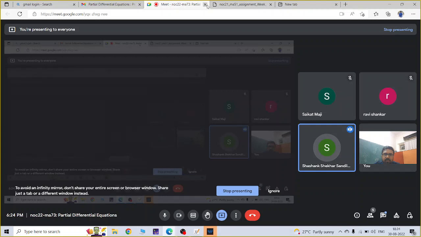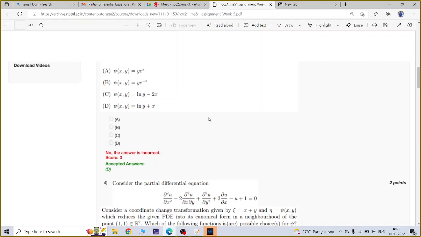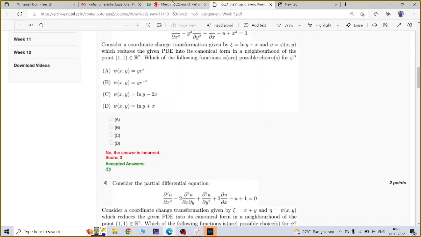Sir, both are orthogonal. No, not orthogonal. Okay, I will tell. No problem. Actually, you have to take xi and eta in such a way that xi and eta should be functionally independent. You know this term, functionally independent? Hello, Sasan, do you know what is functionally independent?